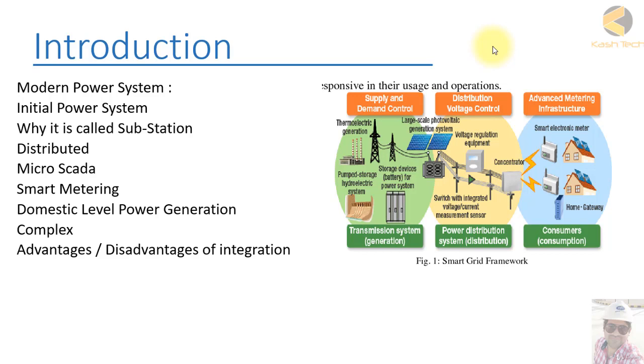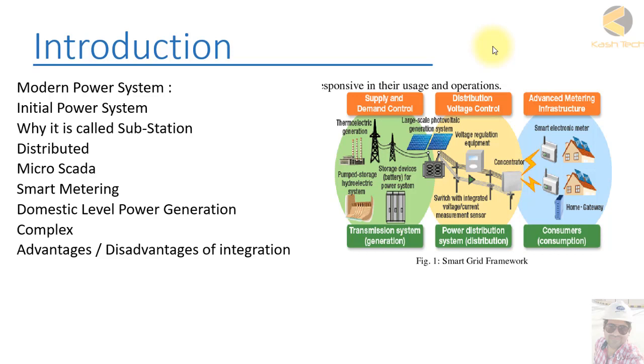Here the micro SCADA is also enabling us to monitor all of these small generations, all of the distributed power generation all over the country. So the monitoring can be done through this micro SCADA, and it is possible to connect such huge networks, monitor them and control them.